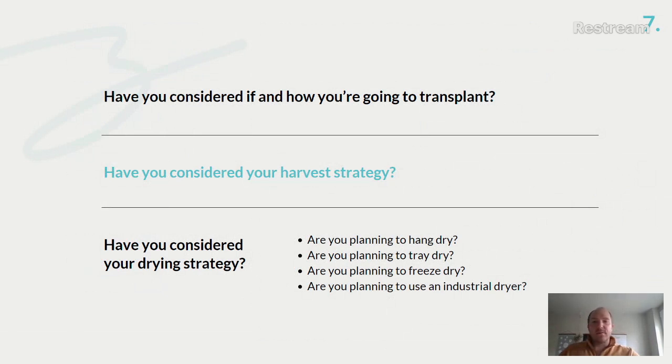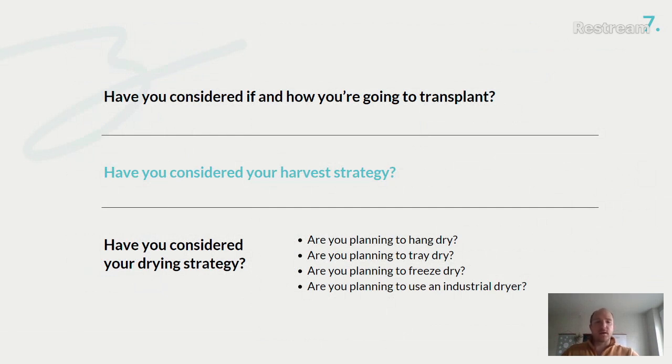If you're going to keep everything flowing as effectively and efficiently as possible, my suggestion would be that you harvest each room in its entirety so that you can then clean that room, sanitize it, and then replant it. But just understand that this is going to affect your workload.